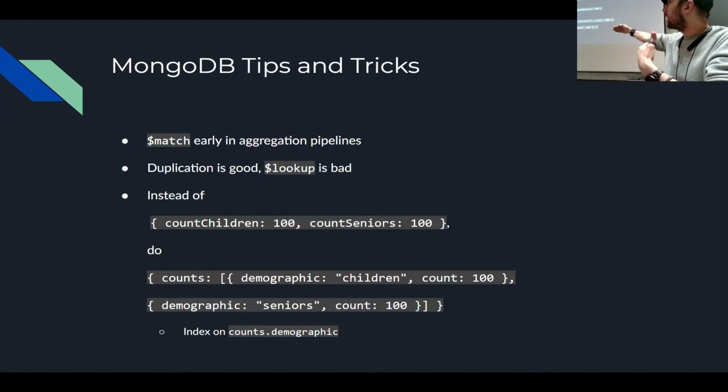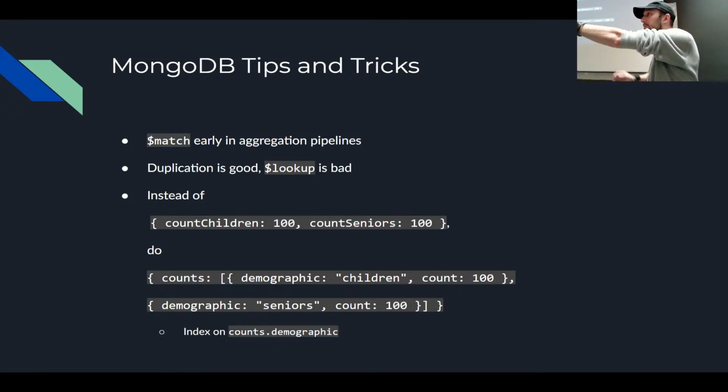That way, if you want to add count seniors, you can do that as another object. If we want to add another thing like count women, count men, we can just add more objects. We don't have to create a new index. We don't have to modify our structure. We're just adding data at that point. All right? So this is a nice pattern to be aware of. And then you index on count.demographic, or maybe count.demographic and count.count.